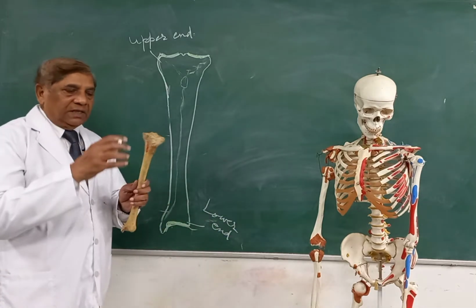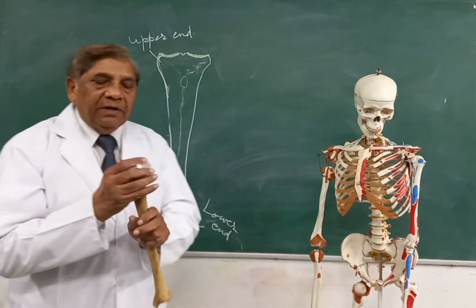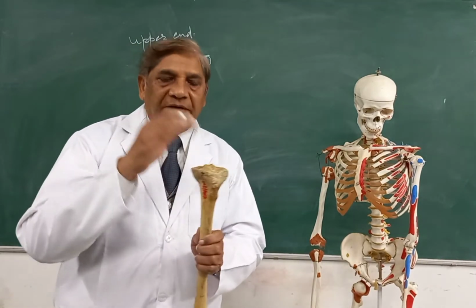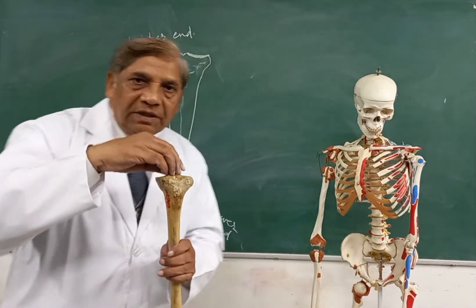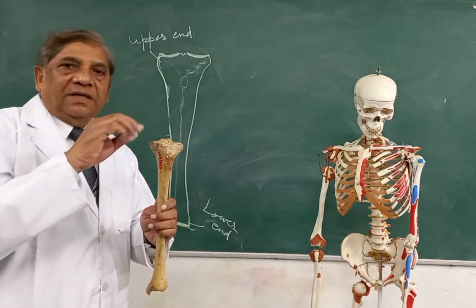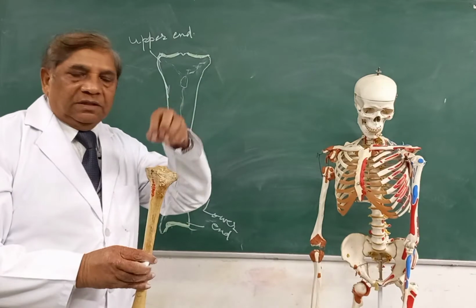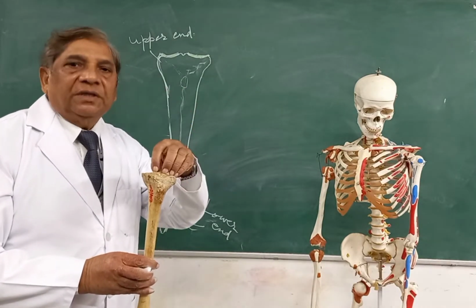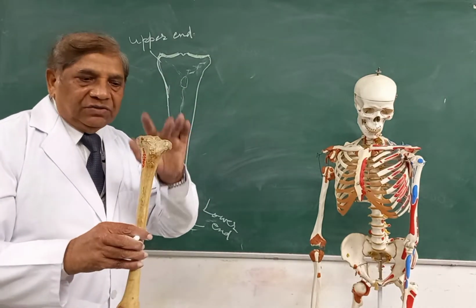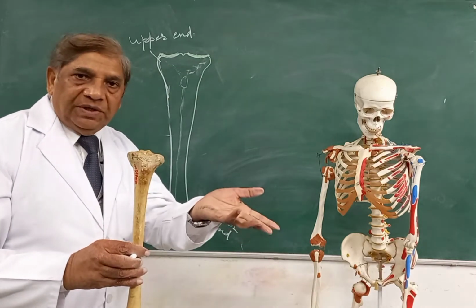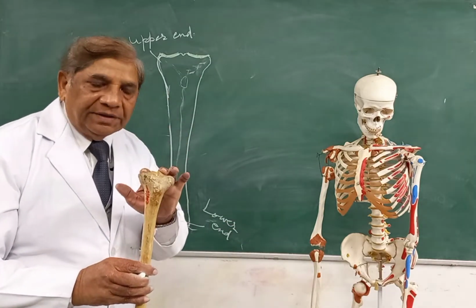So the ends are knobby, and why are they broad and knobby? Because they have to come in contact with the other bones. For example, this is the upper end of the tibia. It will come in contact with the other bone, that is the femur. The lower end of the femur will articulate here. Articulation means it will form a joint.